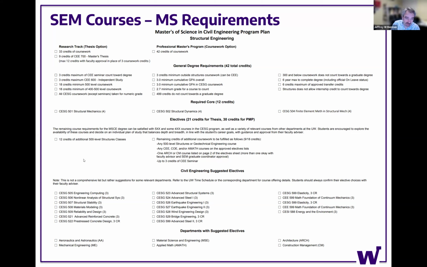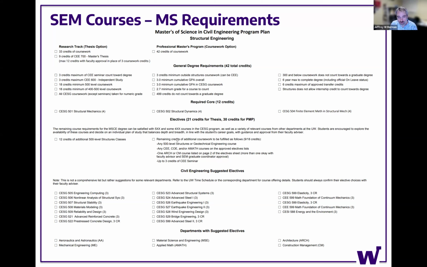So these classes that are listed here all count toward those 12 additional credits, and we don't tell you which ones you should take. Instead, we pair you with a faculty advisor, and you tell them about your interests in structural engineering and what you want to do, and we work together to come up with your plan of study.